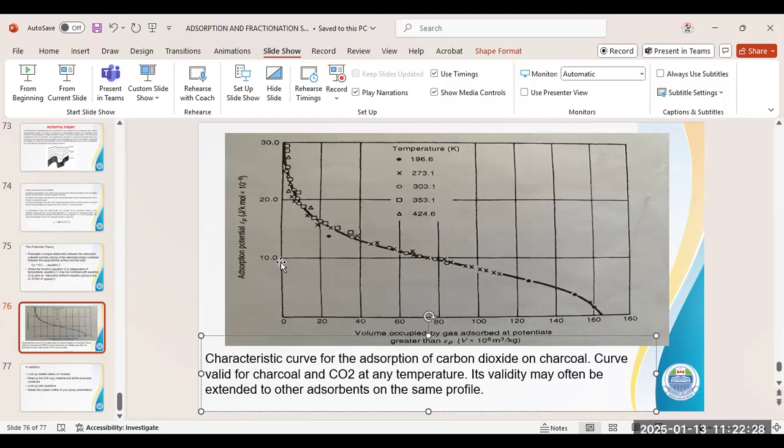An adsorption potential of 10 at this temperature, this is also 303 Kelvin. If you extend it here, an adsorption potential of 10 at this temperature, this is 353 Kelvin. Okay, so you can measure out what the volume could be.